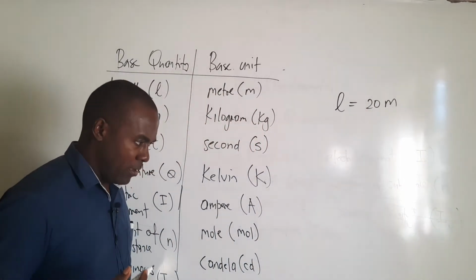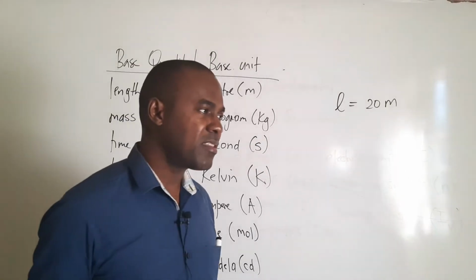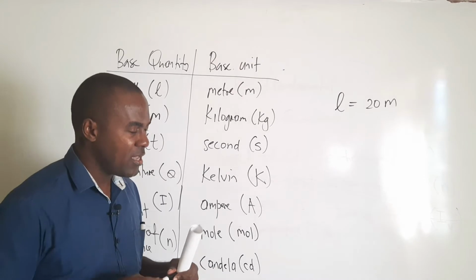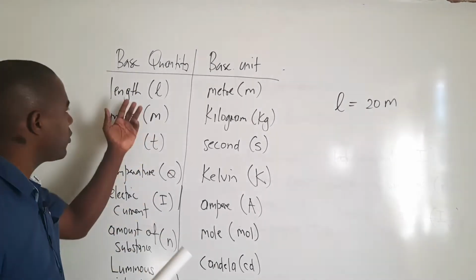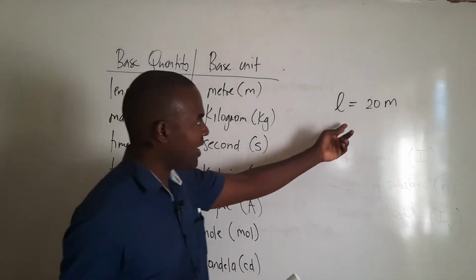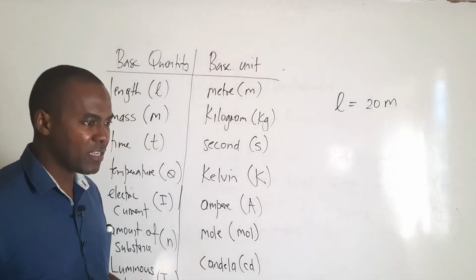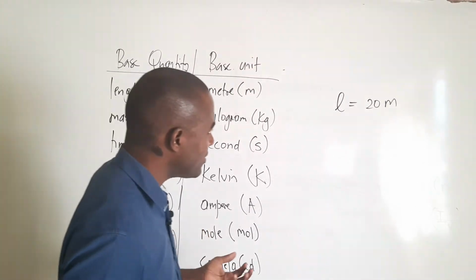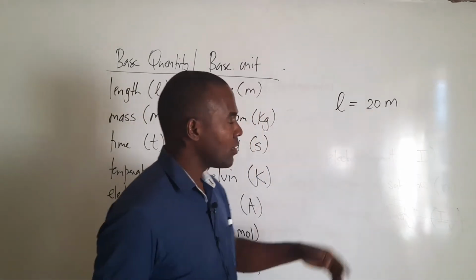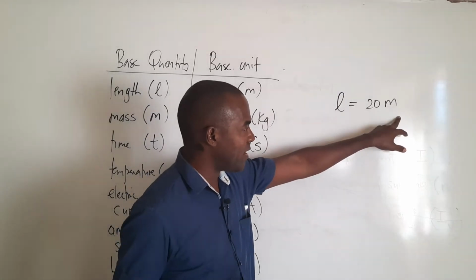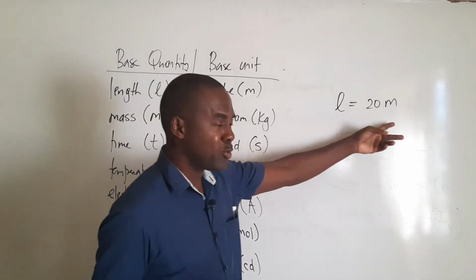Now, at a certain stage, you will become familiar with the symbols for the particular physical quantities, and therefore you don't have to spell out the word. So if you're asked to write down a length, you don't have to spell out the word length. You can actually use a symbol L, and anybody who has a certain knowledge of, say, physics will understand what L means, especially, of course, if you include the unit as well as the magnitude. So if you write down L equals 20 m, then somebody will be able to look at this and interpret it as a length of 20 meters.